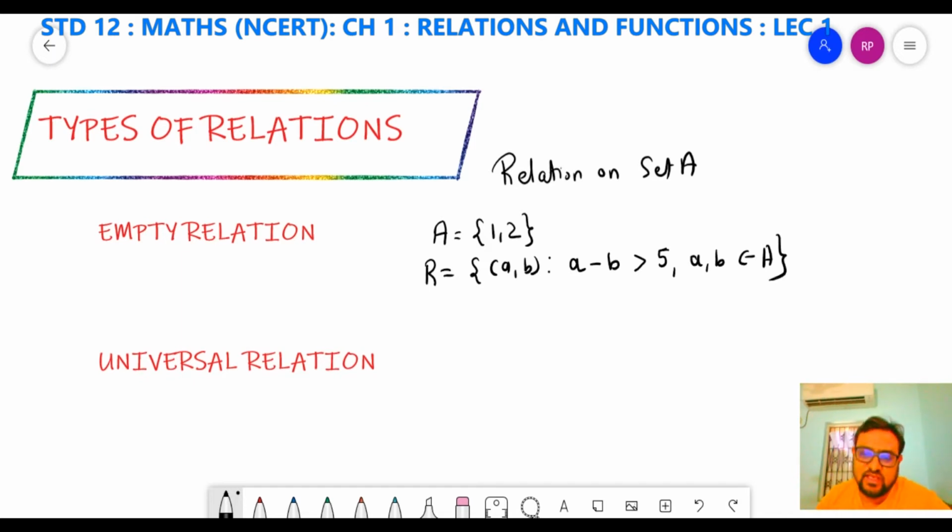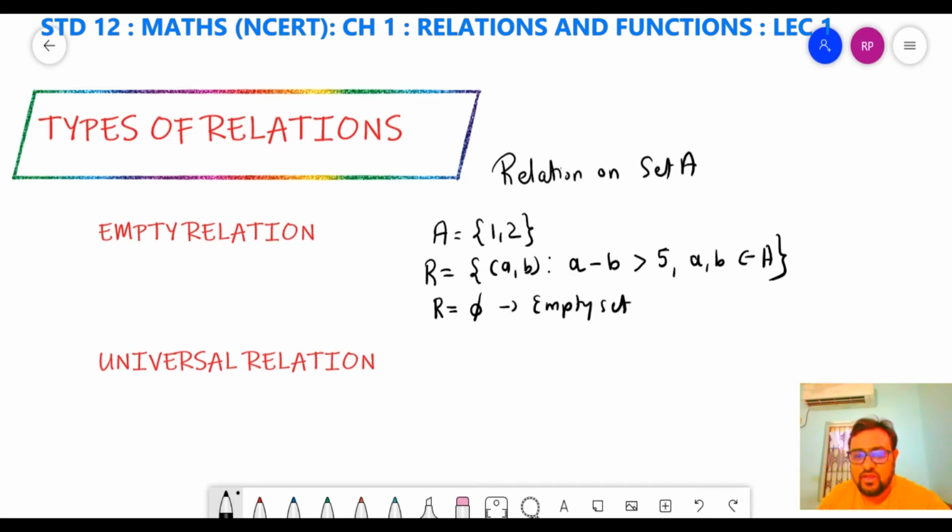Now see, the values of a and b both belong to A. Means I can take either 1 minus 1, 1 minus 2, 2 minus 2, or 2 minus 1. But in every case, a minus b can never be greater than phi. So the relation R will be an empty set.